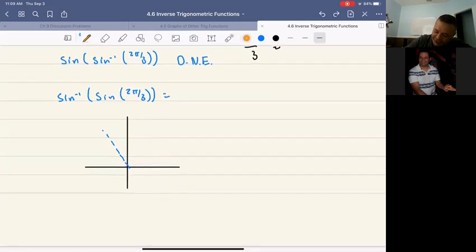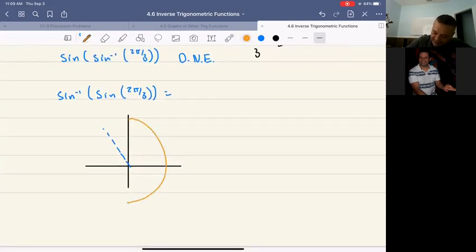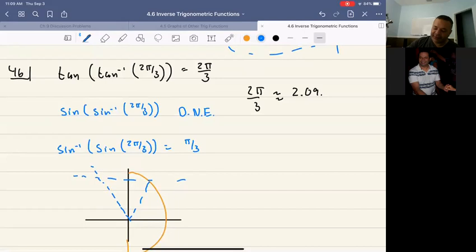Really getting frustrated with my lack of drawing skills today. Okay, so 2 pi over 3 lives over here. The y value, let's say, is over here. So the sine inverse of the sine of 2 pi over 3 is actually pi over 3. But the sine of the sine inverse of 2 pi over 3 does not exist. Make sure you understand the difference there.